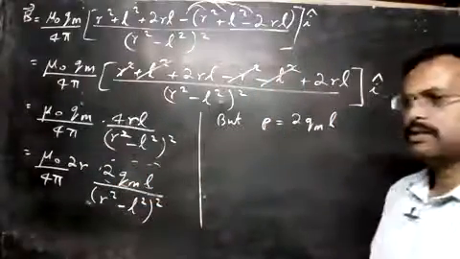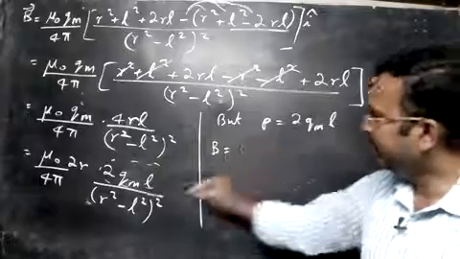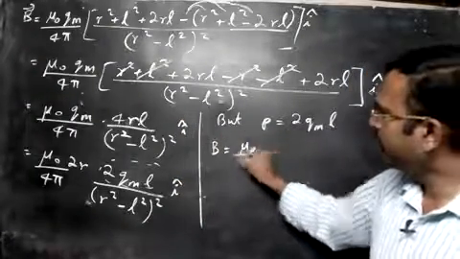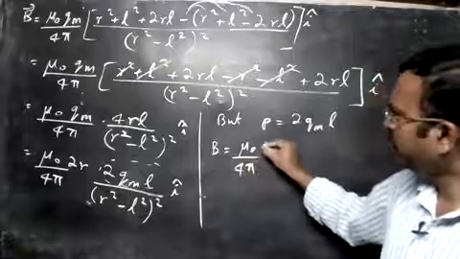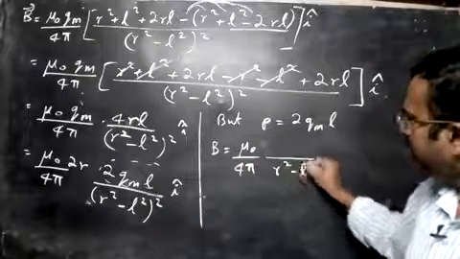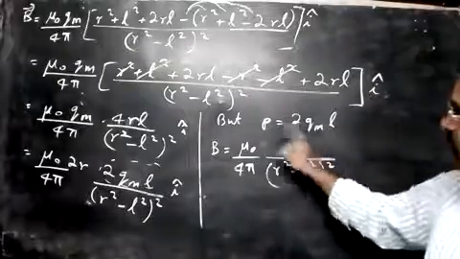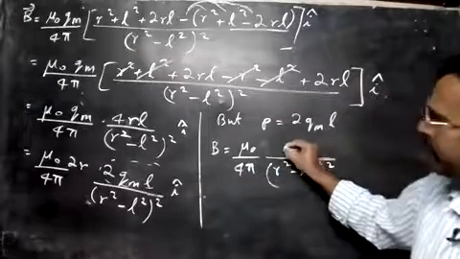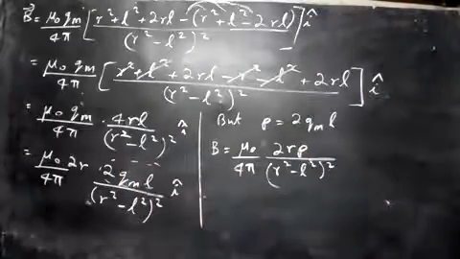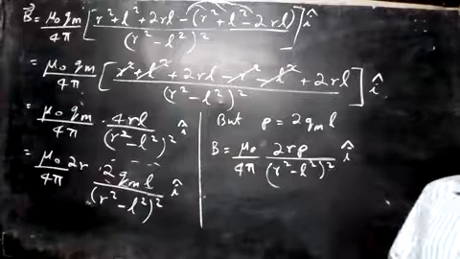So the magnetic field B is equal to, and the î must be there, μ₀ by 4π into 2rP divided by (r² − l²) the whole square, into î. I think it's correct.